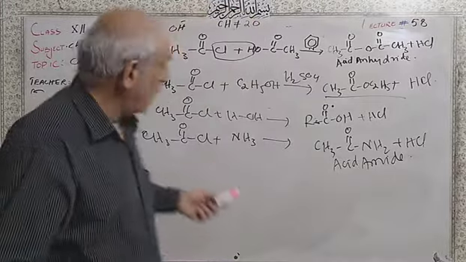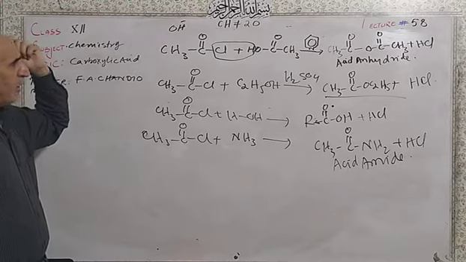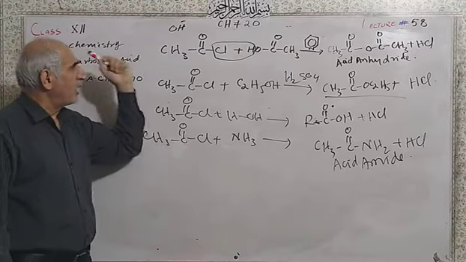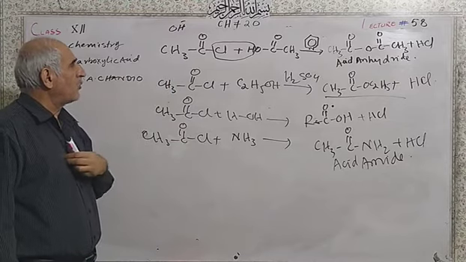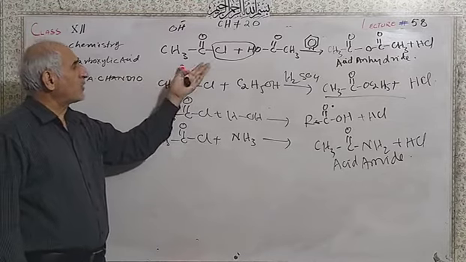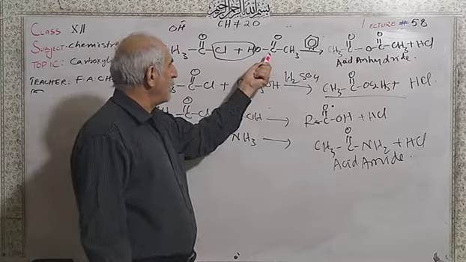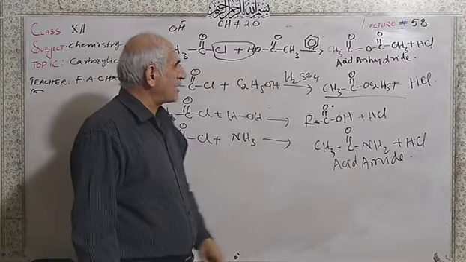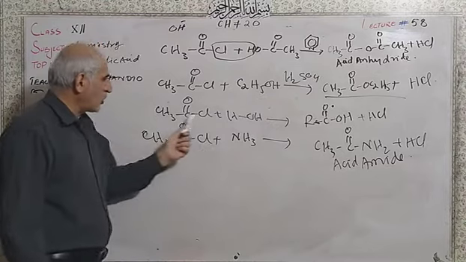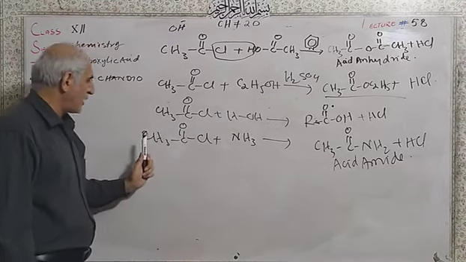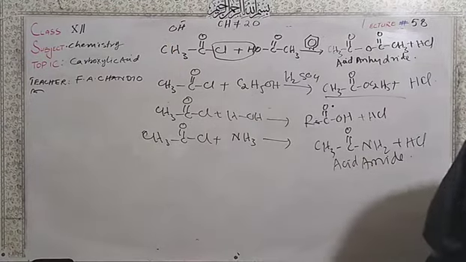The acid chloride is derived from carboxylic acid, which reacts with thionyl chloride to give acid chloride, the most reactive. Then with carboxylic acid you get the acid anhydride, acid chloride with alcohol gives ester, acid chloride with water gives carboxylic acid, acid chloride with ammonia gives acid amide.